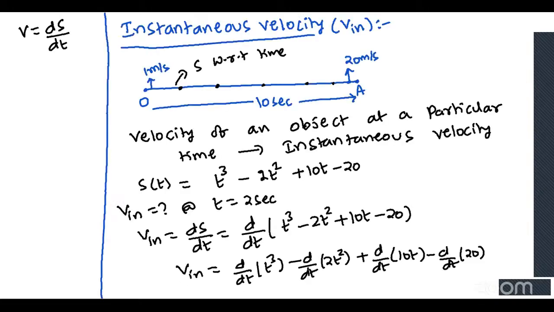So instantaneous velocity will be 3t square minus, constant bring it outside, d by dt of t square means 2t, so it is 2 into 2t.